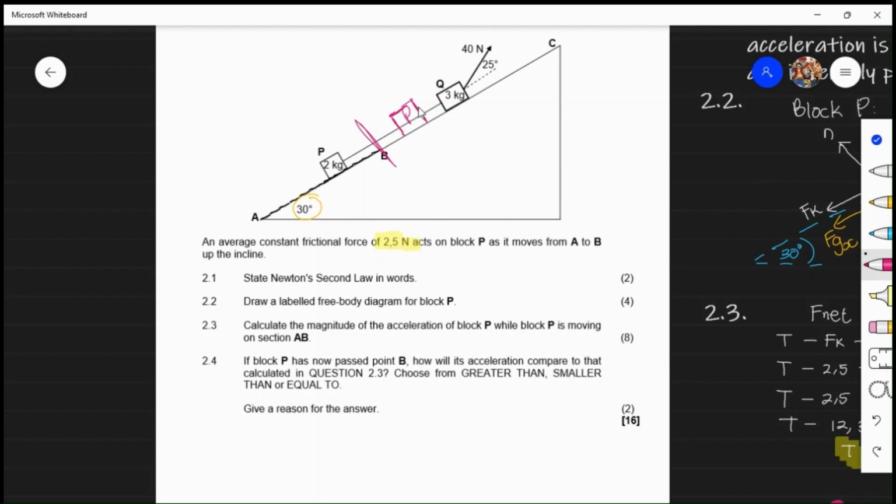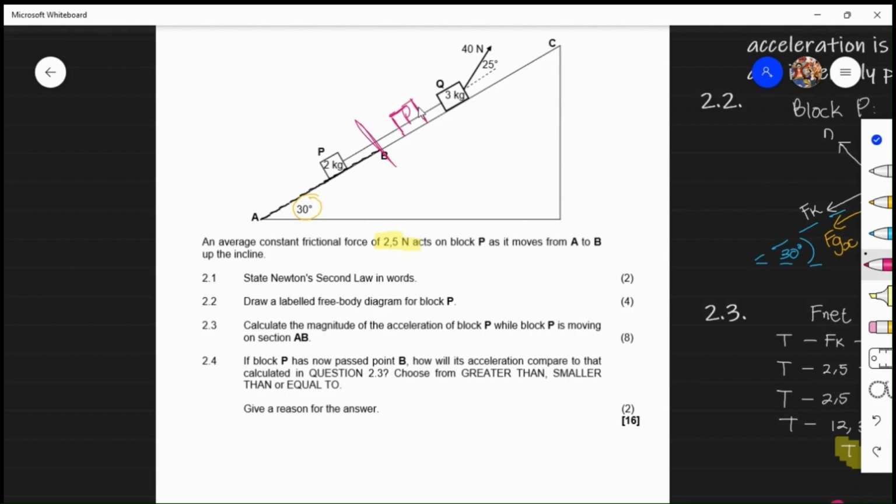So our question wants to know, how will the acceleration of block P on the frictionless surface BC compare to our acceleration calculated of block P during section AB, whereby there was friction acting on the block?